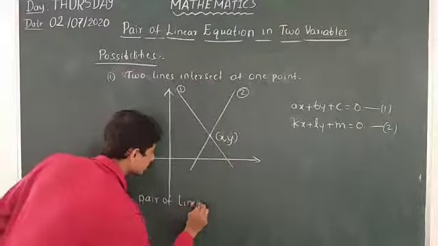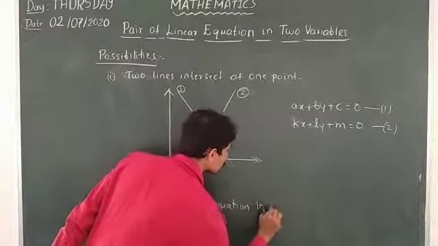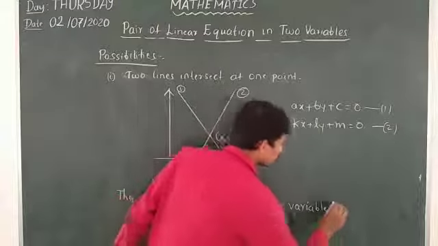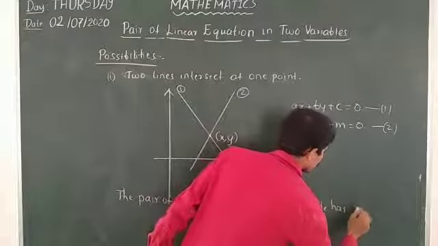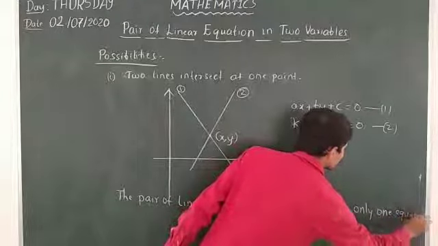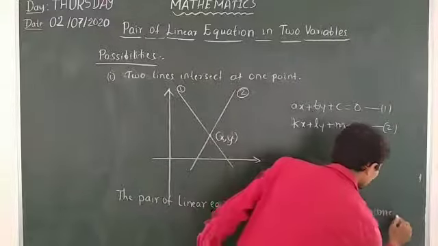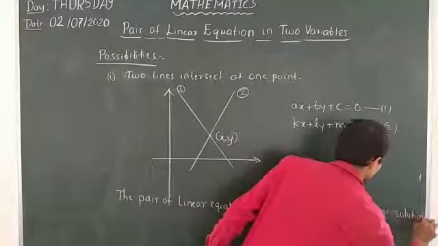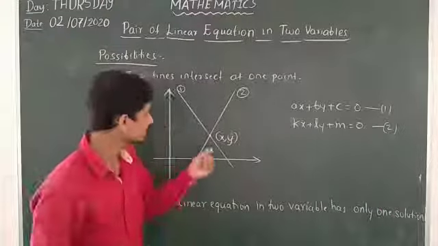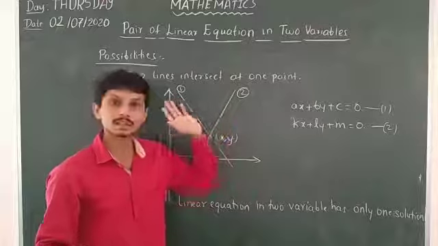When we get intersecting lines, the intersecting point is the only solution for both the linear equations.